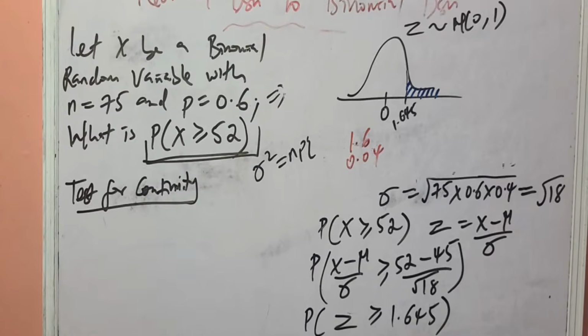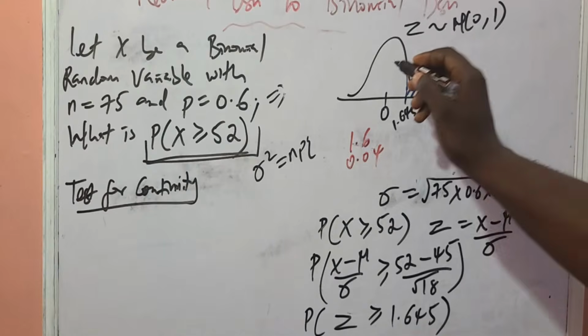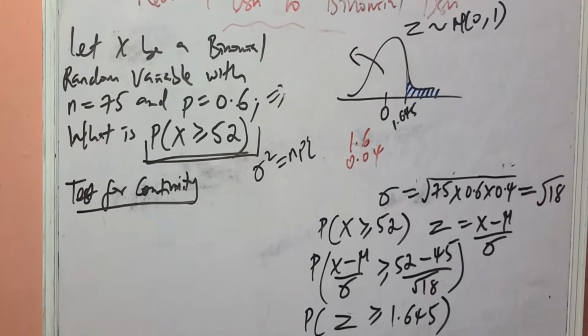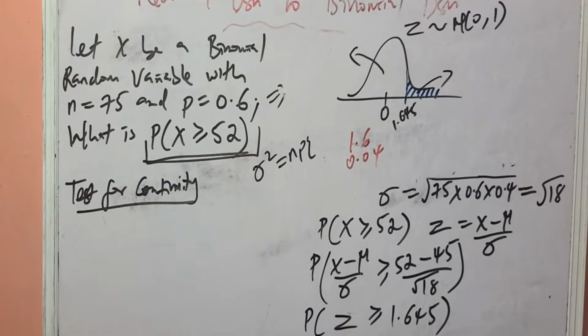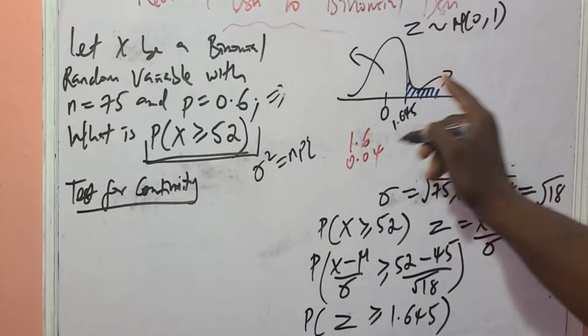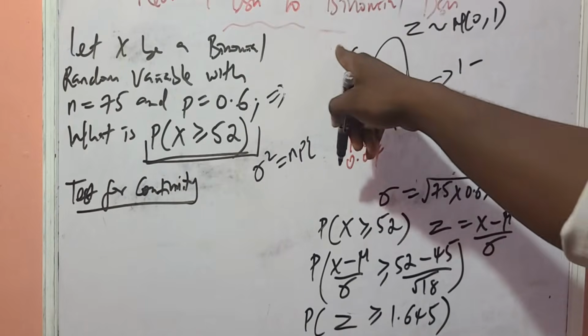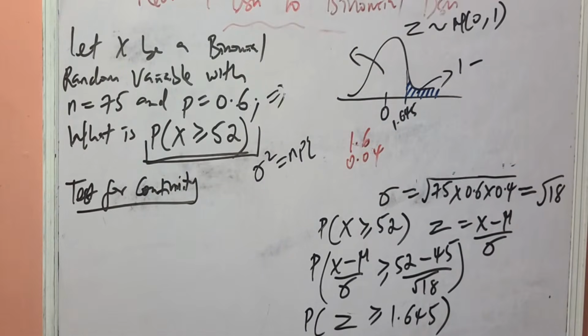Now, whatever answer you got will be, as I told you already, for this area. But don't forget, this is the area of interest. So whatever answer you got here, you have to make use of 1 minus the answer you got here. Because I told you already that your tables don't give you answers from right to left. Rather, you get your answers from left to right.